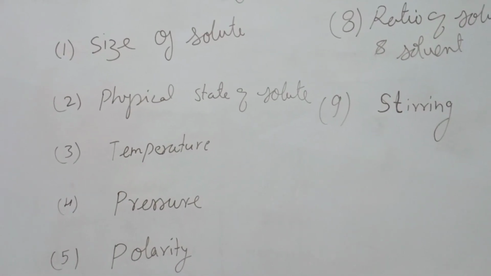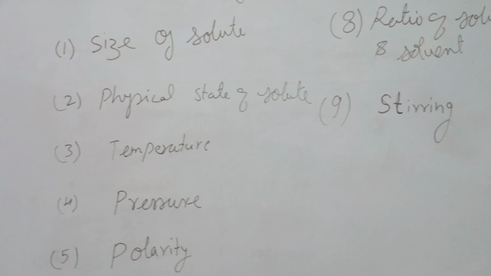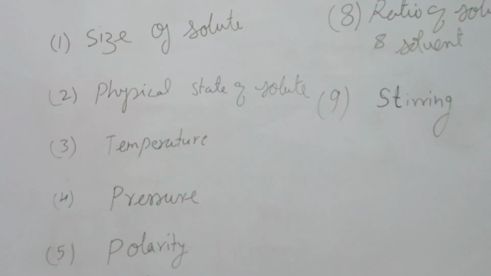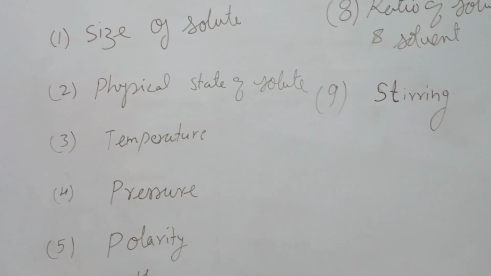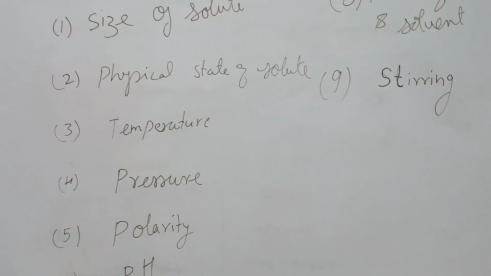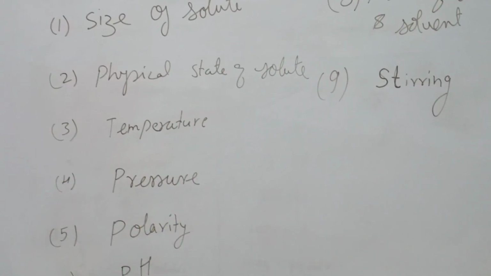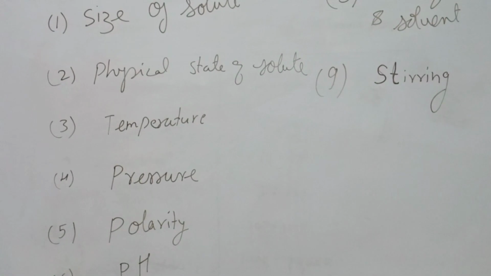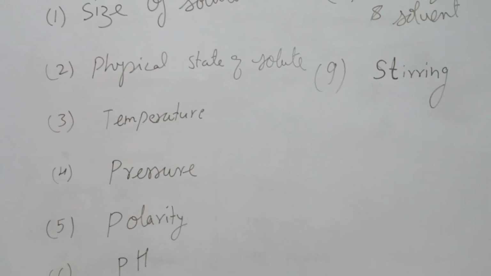Then the next one is the temperature. It is a very important factor. Then the pressure. Then the polarity. Polarity also affects the solubility of a given solute in a solvent, and it is also a very renowned factor which ultimately affects the solubility.